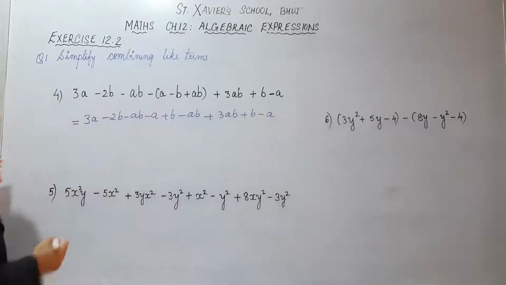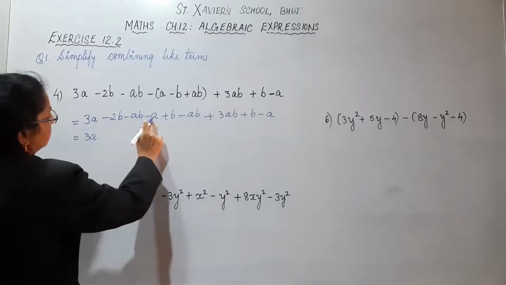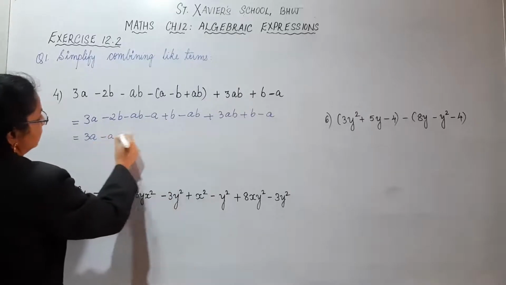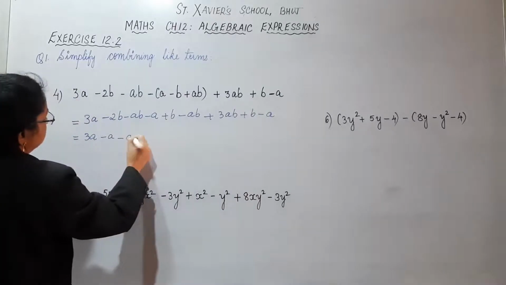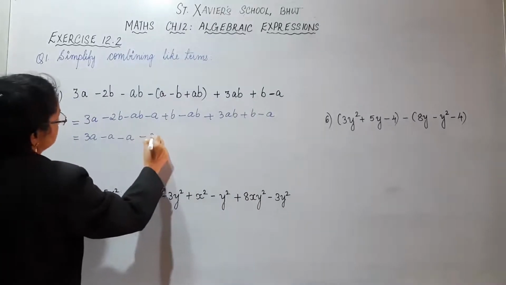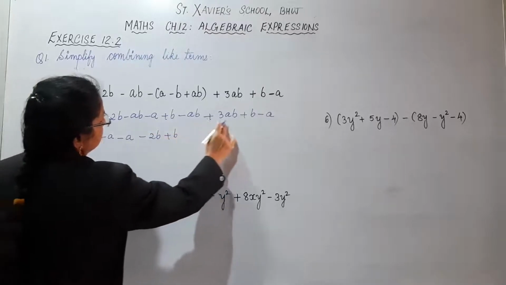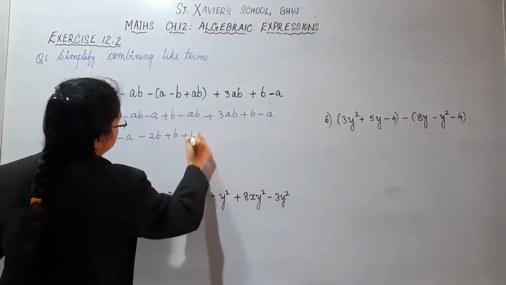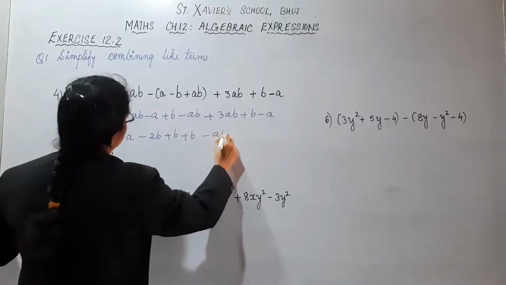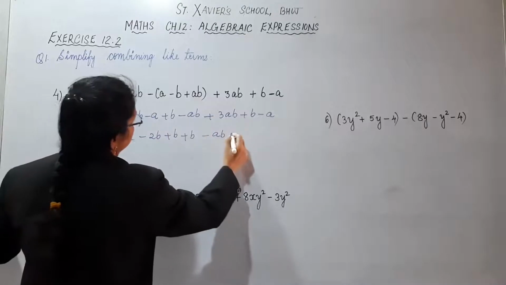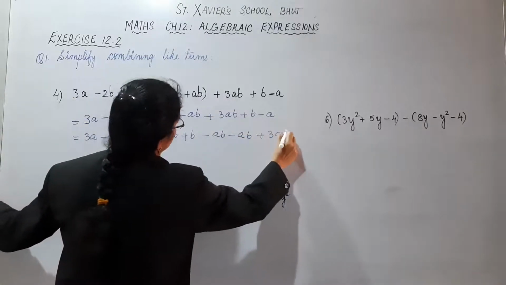Now let us pick up the like terms. 3a, then here minus a, and one more minus a. Then minus 2b, plus b, one more plus b. Then minus ab, and one more ab, minus ab plus 3ab.